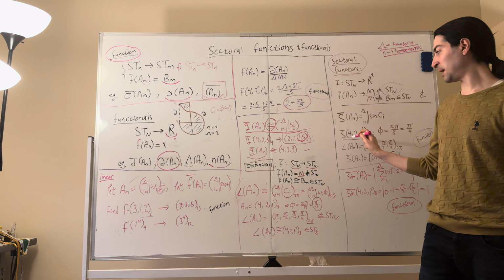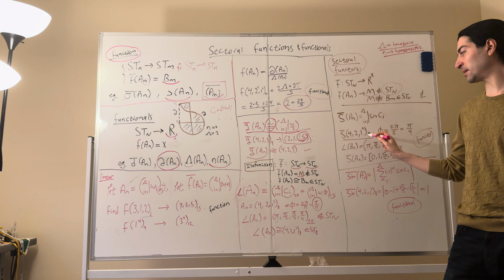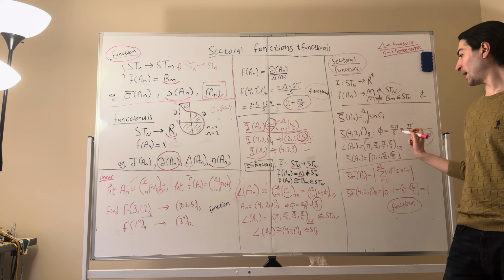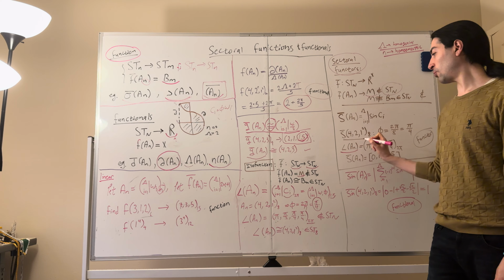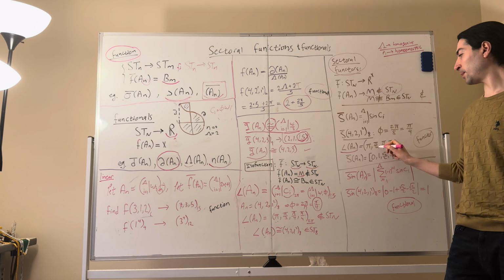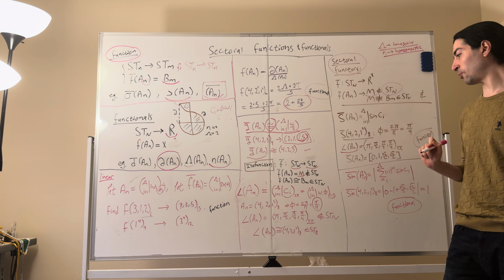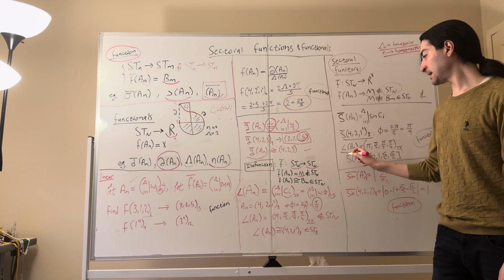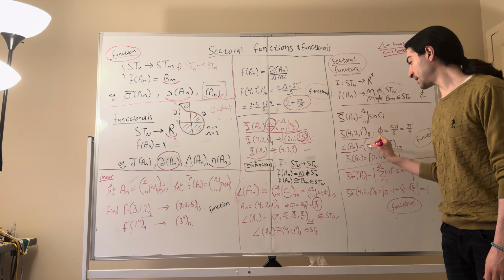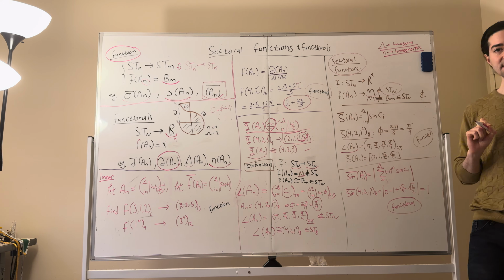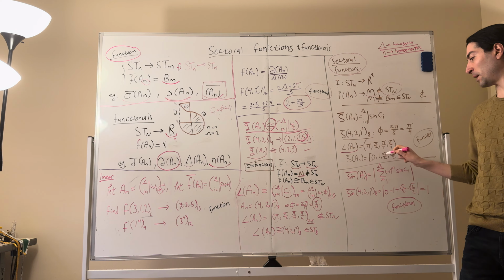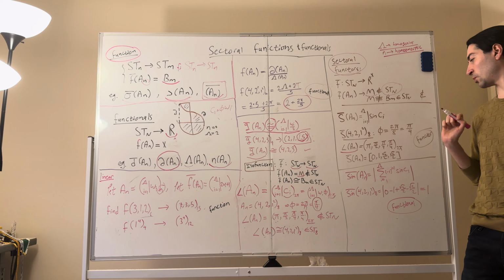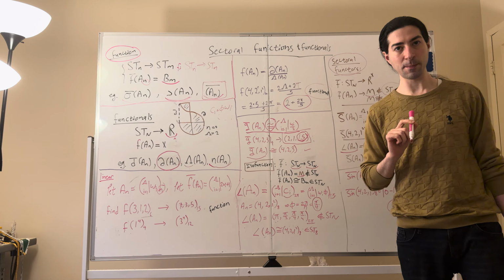So let's use the same example, 4 to 1 squared subscript 8. We write this in the arc form. So the arc form of an we saw is pi, pi over 2, pi over 4, pi over 4. And then S bar of an would be the sine of each of these arcs. So we get 0, 1, square root of 2 over 2, square root of 2 over 2.